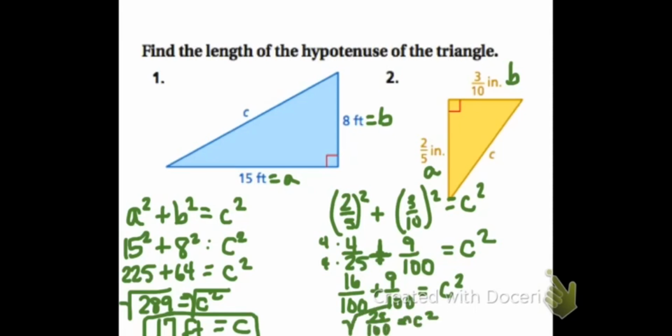Taking the square root of both sides would give us 5 over 10, which could be simplified to 1 over 2 inches, that is equal to c. So half an inch, and if you do it in decimal form, that would be fine. But don't forget that working with these fractions is pretty easy because we're just squaring and taking the square root of some very small perfect squares. You could even do that without the use of a calculator.